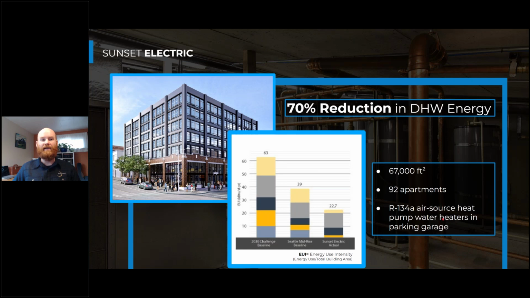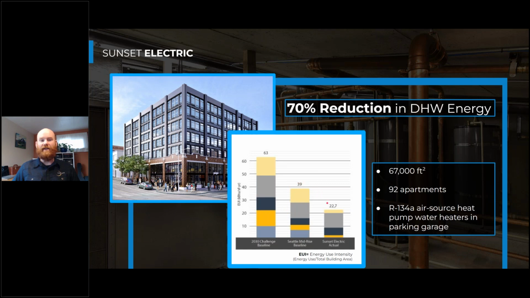But what happened here is the Seattle baseline, which is this pie chart here, the annual energy usage was about 39, or an EUI of 39. And so that's looking at all the energy going into the building over the square footage of that building. And that was the predicted baseline.